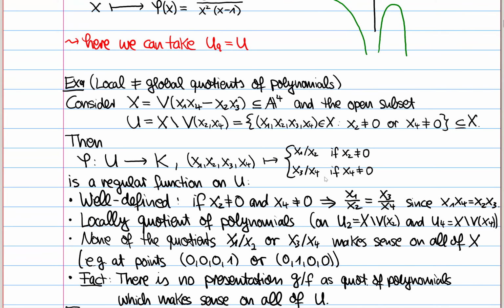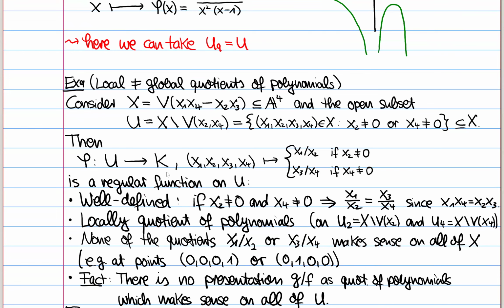A priori we give two different formulas, but you can see these two formulas agree, because these are non-zero, so we can multiply by denominators, and then we get this equation here, and that was exactly the equation cutting out X. So on every point of X, this equation holds, and therefore this definition doesn't give a contradiction, it gives a well-defined function to the base field K.